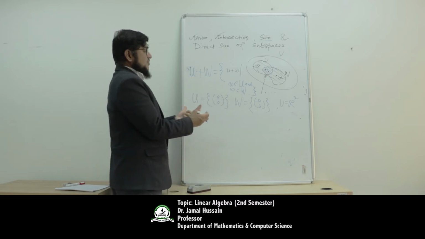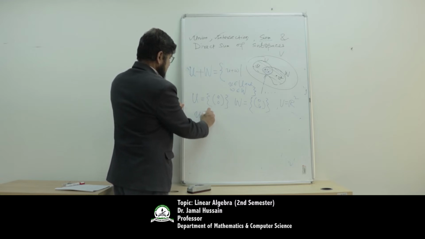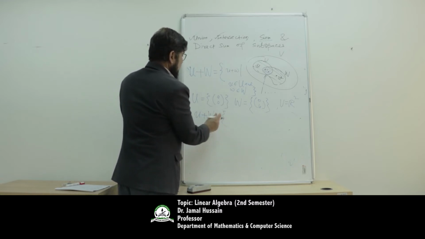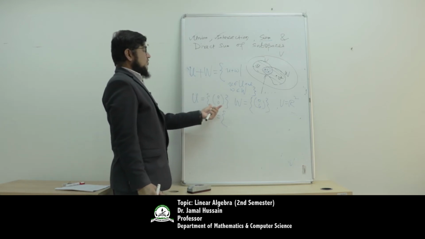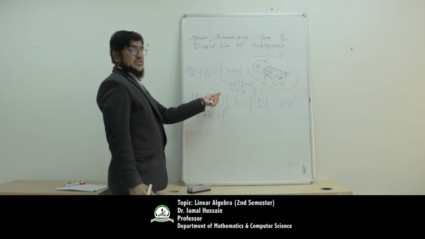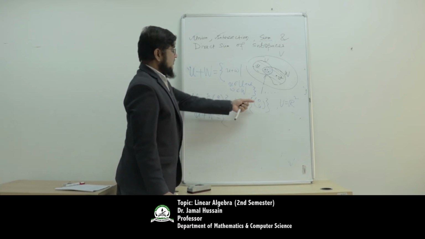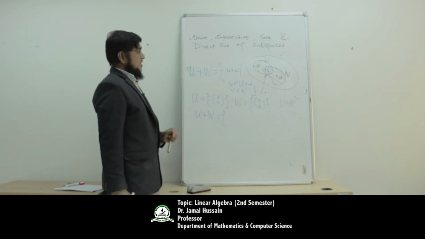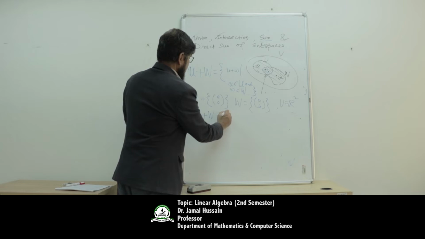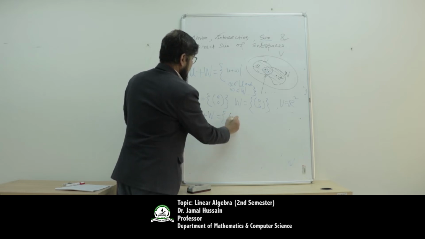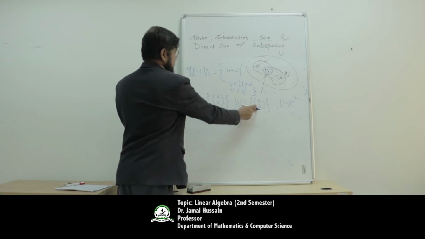So what type of elements will we get? U + W will be like adding such elements. Here elements are of this form where the first component is any real number and the second component is 0, and here the first component is 0 and the second component is any real number. When we add such elements, we get elements of the form (a, b). a + 0 will be a, 0 + b will be b.